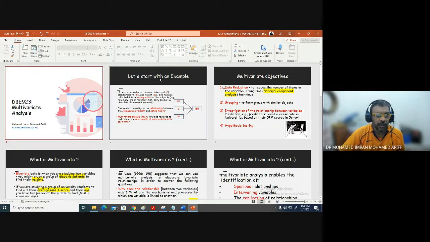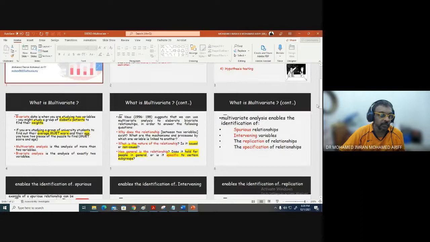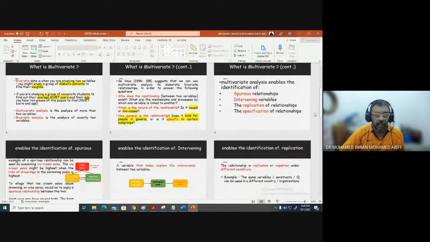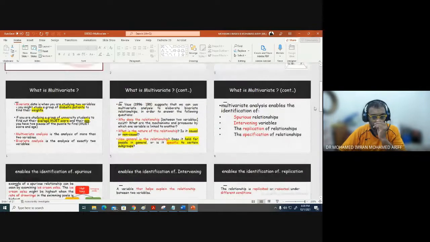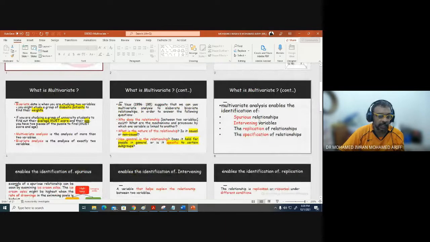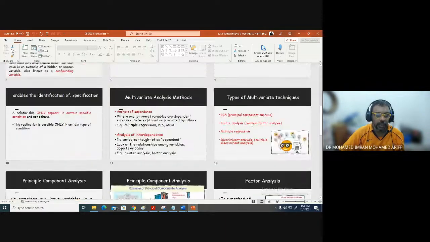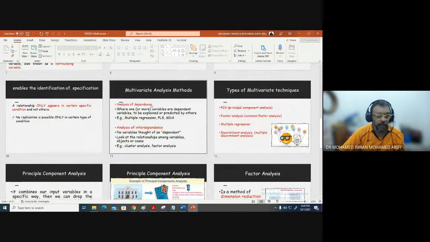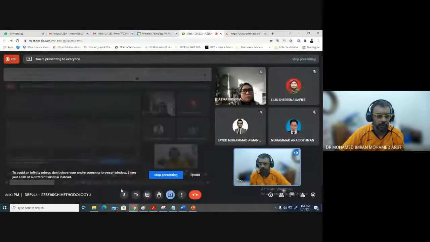Then we are going to see what you are actually doing in multivariate, what the objectives are, and then baru kita akan masuk what is multivariate, what can multivariate do, and then we are looking at the methods and types of techniques which are available inside multivariate.